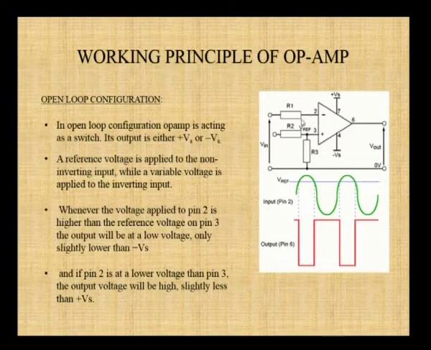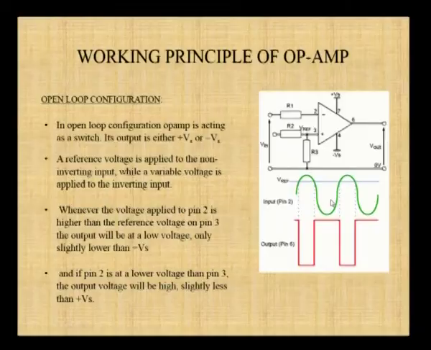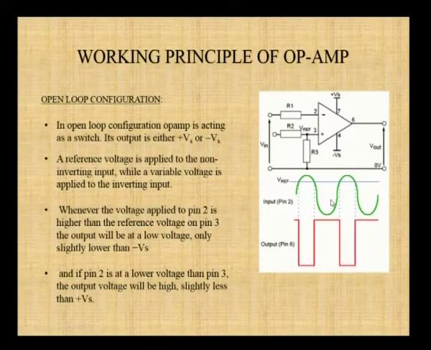In that case, if the input is higher than the reference voltage, the output will be positive saturation, and if the case is reversed, the output will be negative V saturation. We just have to reverse the voltage levels and the output for the non-inverting comparator; what we have seen in the PPT is for the inverting comparator. And this is about the open loop configuration of the operational amplifier.